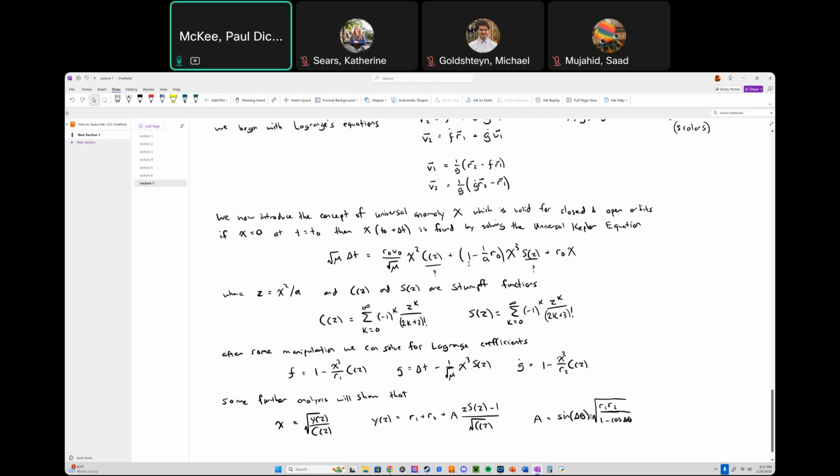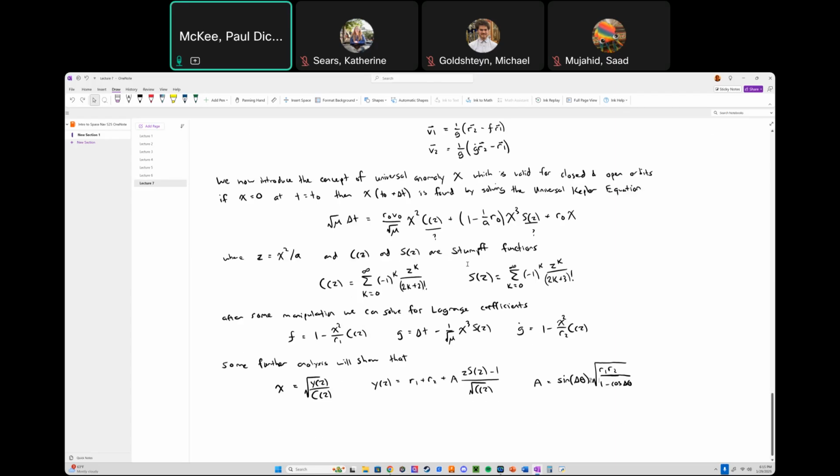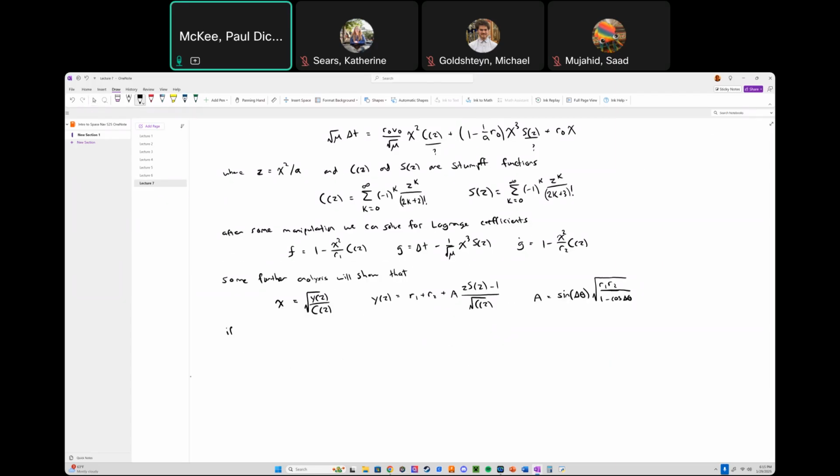We can also, if we assume an elliptical prograde orbit, that is to say that we're moving with the rotation of the Earth, not against the rotation of the Earth, then we can also say that R1 crossed with R2, the z component, is going to be strictly positive.